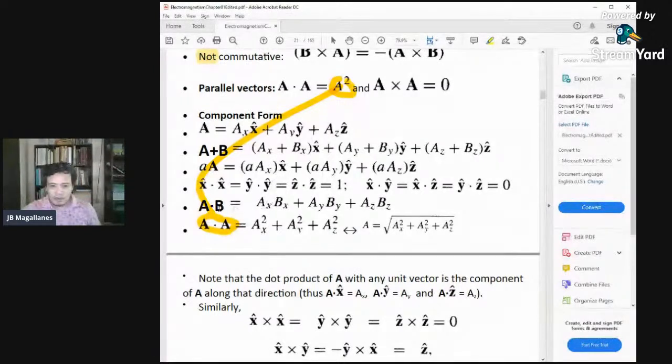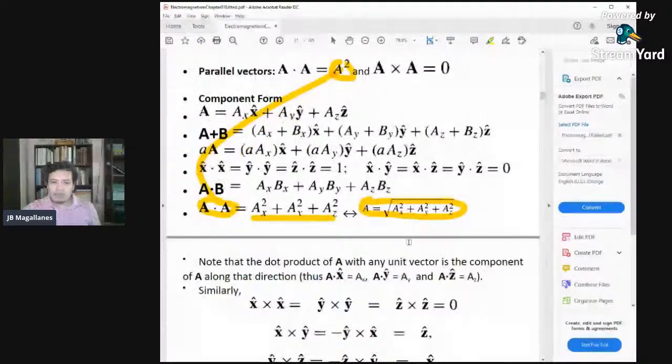So if you replace b with a, this is just ax squared plus ay squared plus az squared. And if you want to get the magnitude, because this is equal to a squared, you get the square root of that, and the magnitude of this vector is just this one. If you know the components of the vectors, then you just square them. If one of the components is 0, then you only have 2 terms here.